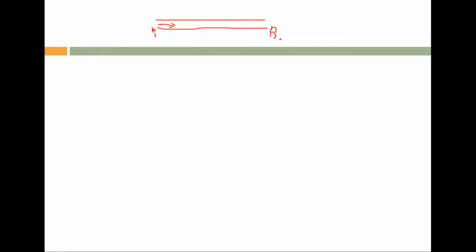Now, if P1 is equal to P2, then definitely the fluid will not move, because there is no force on that fluid. In order to move this fluid or these particles, we need to apply some force. So if P1 and P2 are equal, the applied force on that fluid is 0. If P1 is greater than P2, then the differential pressure is positive, and the fluid will start to move.